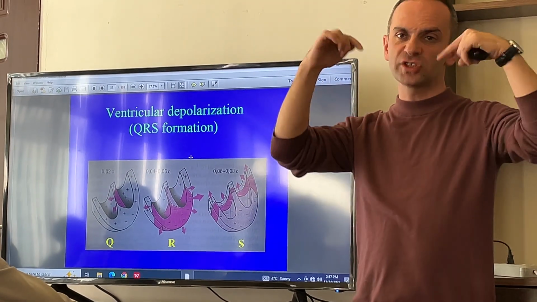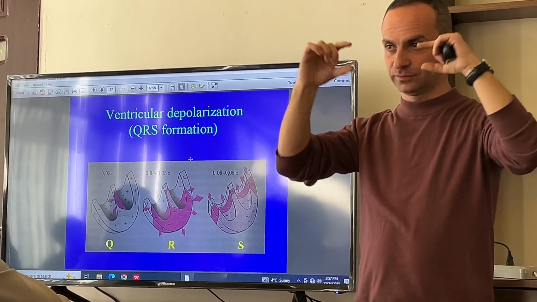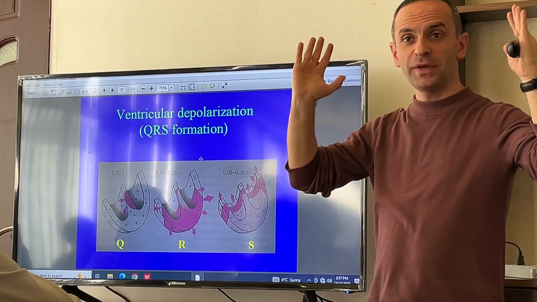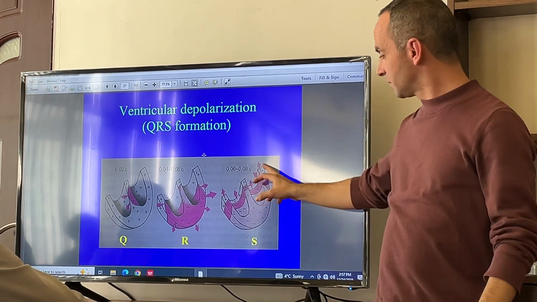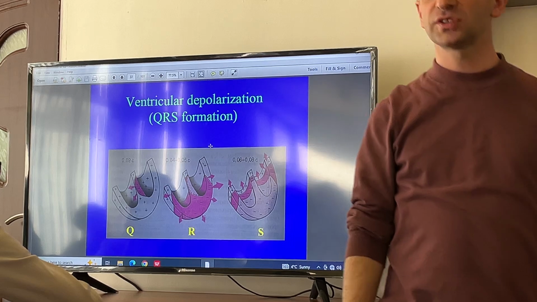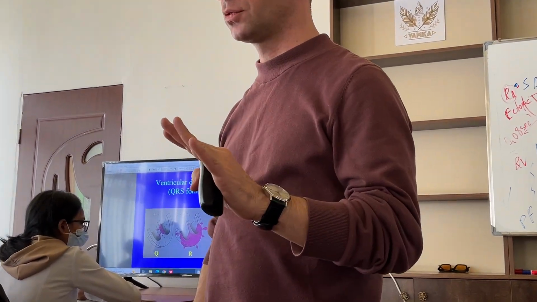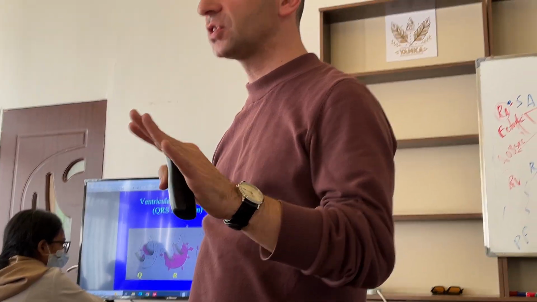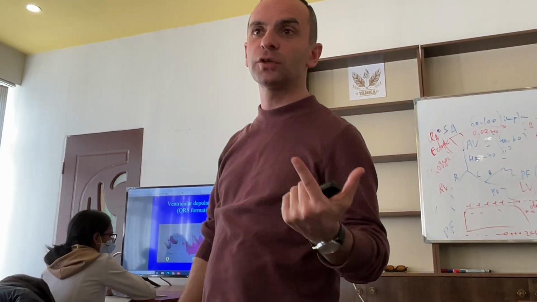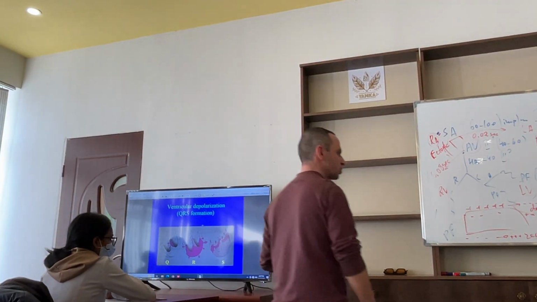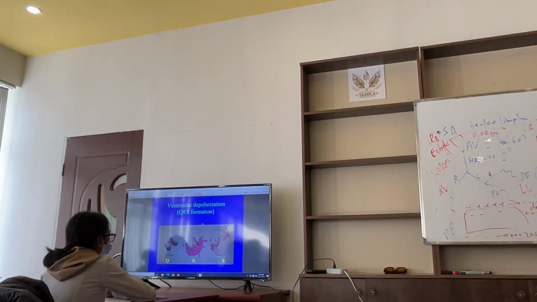The basal parts are those just below the atria. Then the impulse comes back and depolarizes the basal parts, though very often we speak about the left ventricle. Remember, if the mass is greater for any chamber, and normally the left ventricle is a few times thicker than the right one, accordingly the potential it gives is higher.